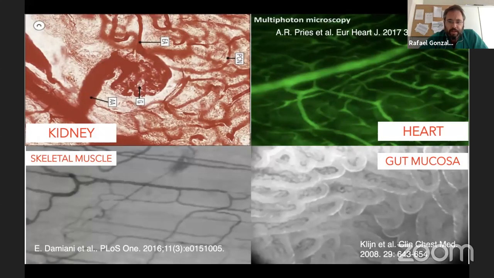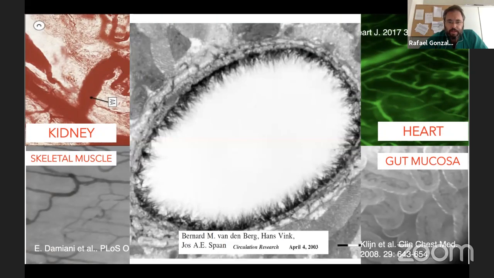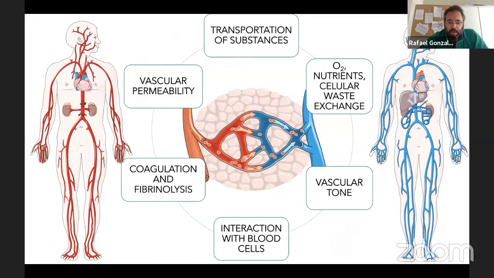Microcirculation looks like this. It adapts to every single organ in the anatomy. And if we look closer, we can see how microcirculatory vessels are covered by this hairy layer, which is the glycocalyx. Edgardo has already talked about functions of the microcirculation.